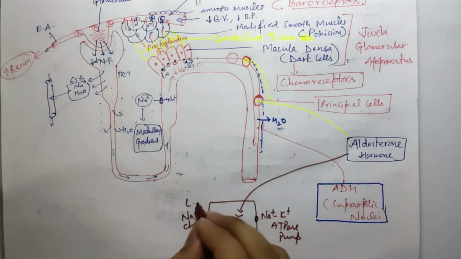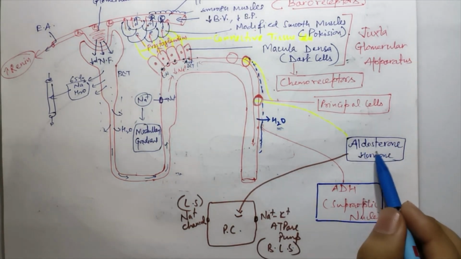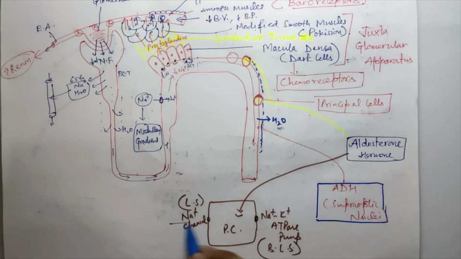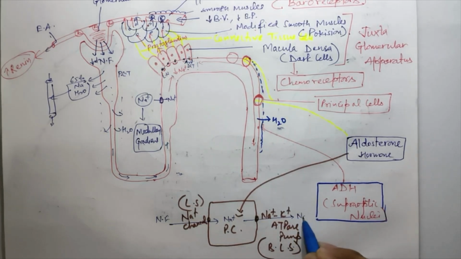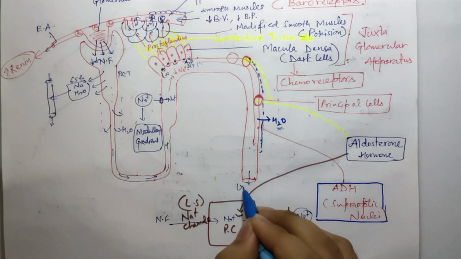This is towards the luminal side and this is towards the basolateral side. Under the influence of aldosterone, the sodium potassium ATPase pump and sodium channels are expressed, and this causes more reabsorption of sodium ions from nephric filtrate into the cytosol, and from here it is released into the interstitium, and thus it conserves sodium ions from nephric filtrate, which otherwise would form final urine.